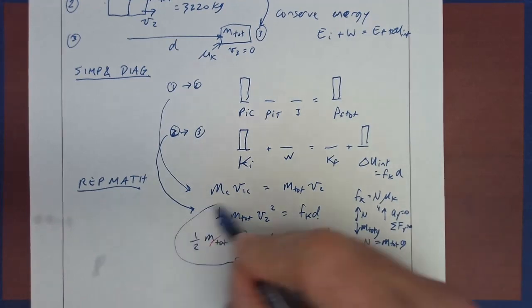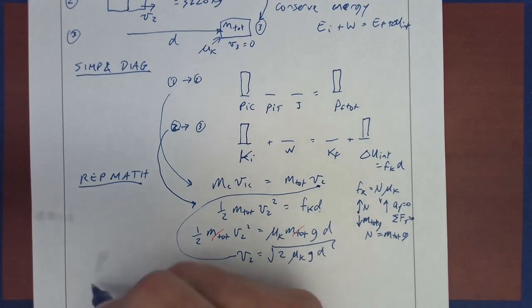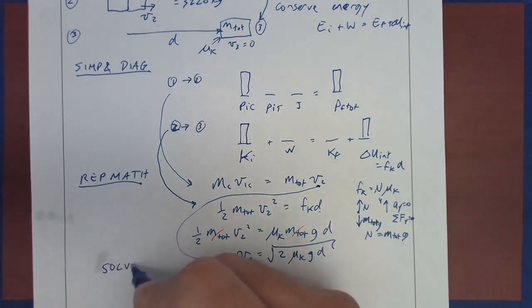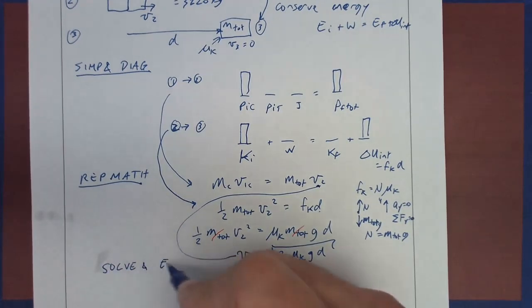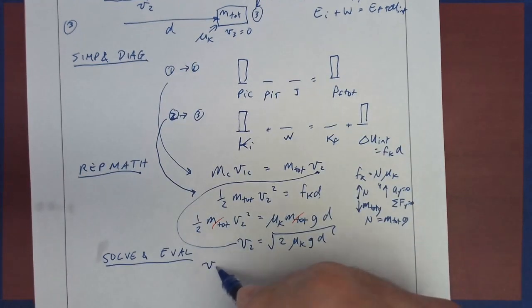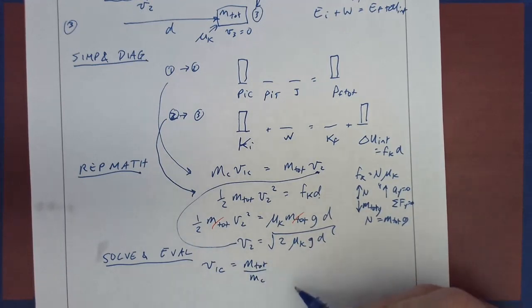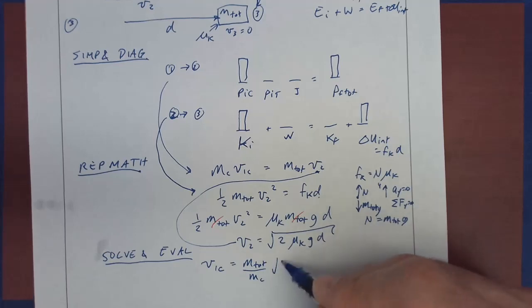And we're going to sub that back in to here. And I can actually do the solve and evaluate stage now, which is to say that V1 of the car is equal to m total divided by the mass of the car times this V2, square root of 2 times mu sub k times g times d.